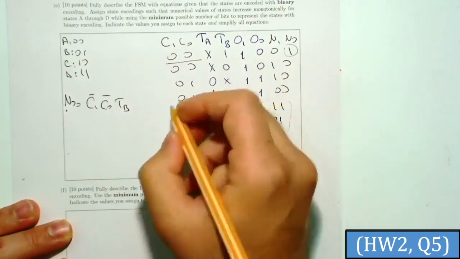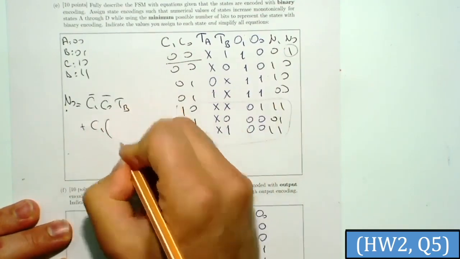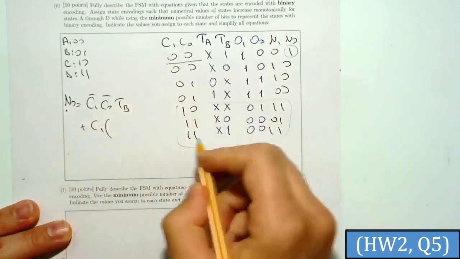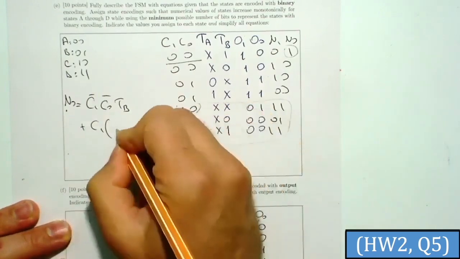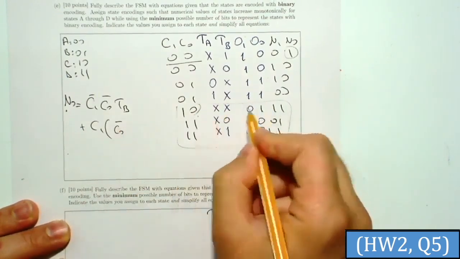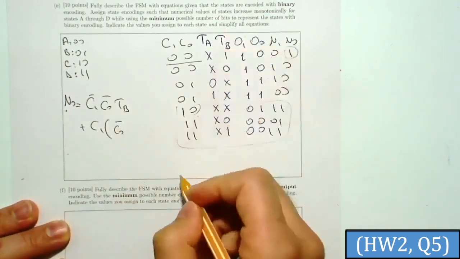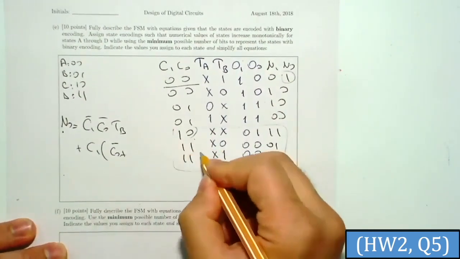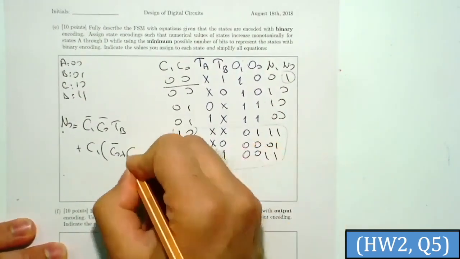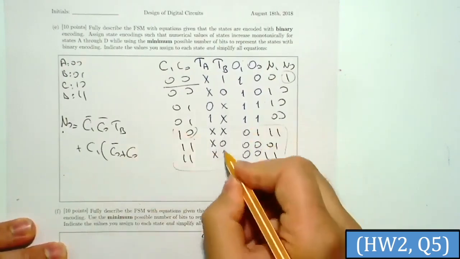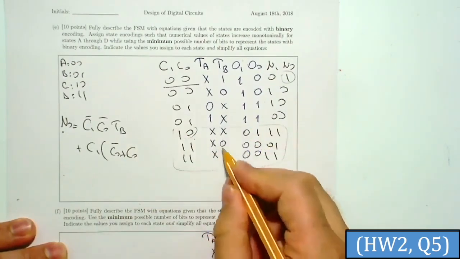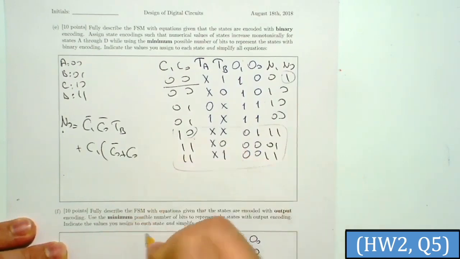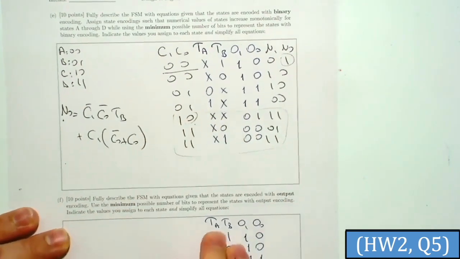Notice that I always have C1 as 1, and when C0 is 0, it doesn't depend on the TA or TB, or when C0 is 1, it also doesn't depend on either TA or TB. Okay, I guess that's the answer for that one. Let me check. Yeah.